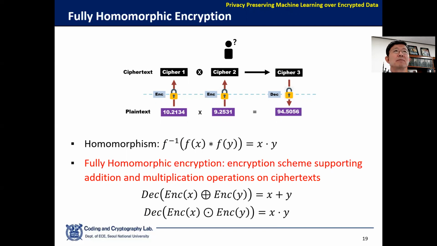So in the figure, plain text 10.21 times 9.25 is equal to 94.50.